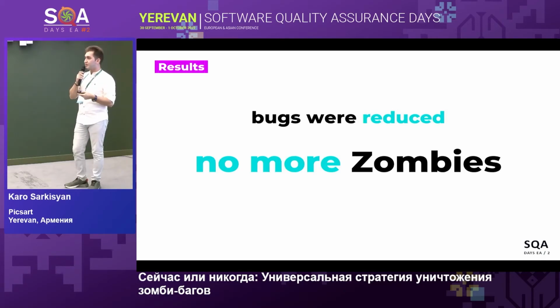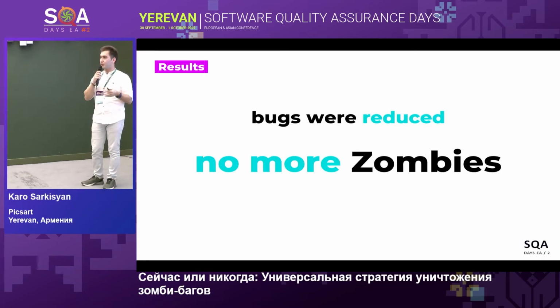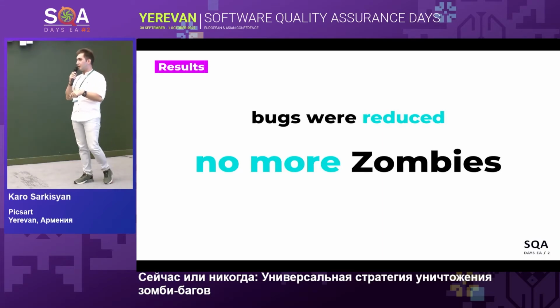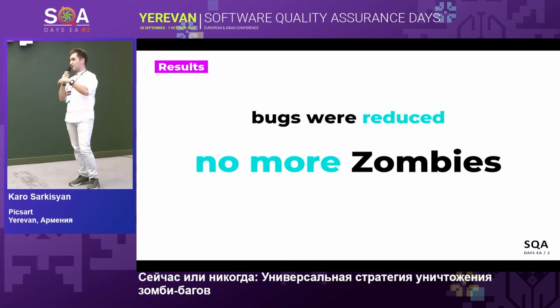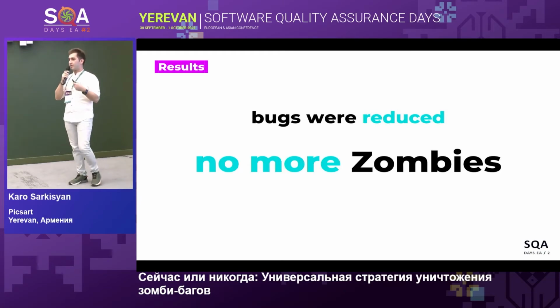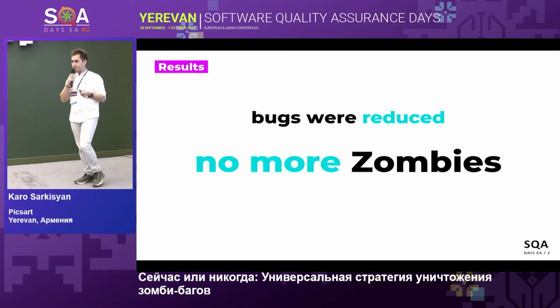It is much easier for them not to fix the issues, because that will take much more time than reviewing the issues, finding the invalid ones and only closing them. So after having the component bug limitation, the bug amount was reduced, and nowadays everyone in the team is aware of every issue, and all issues are valid, because if they add zombie bugs and do not follow up on them, they will be blocked.